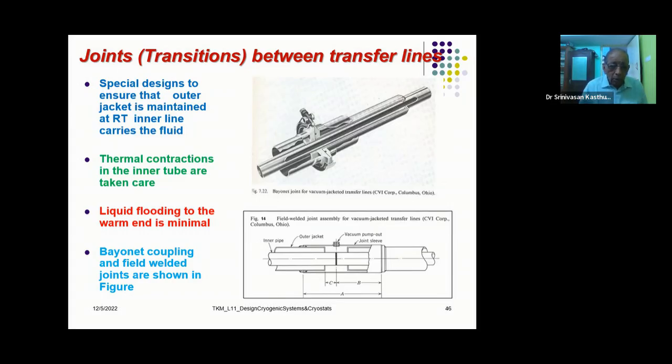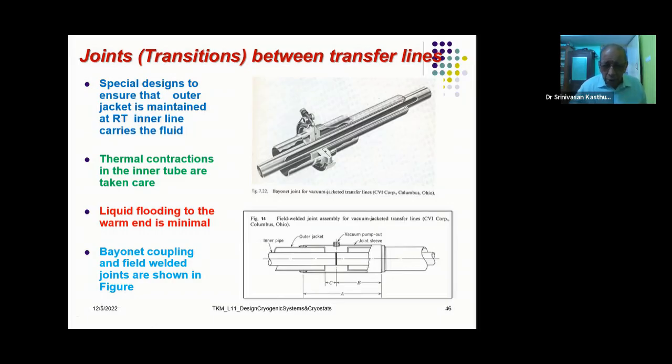Okay. Now the liquid flooding to the warm end is minimal because of this reason. And the bayonet coupling can also be field welded, as shown in this figure. What they are normally doing is you have a piping and another piping at the opposite end, and an intermediate zone where the outer zone is fixed with, let's say, a plate.